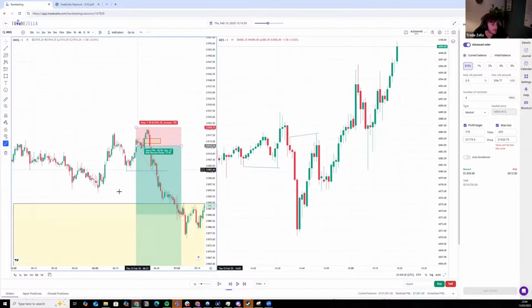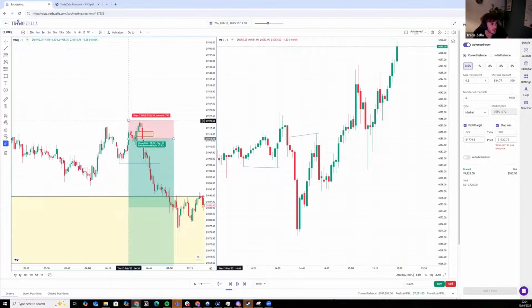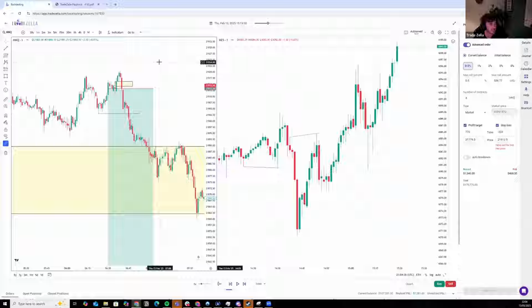Then look to go break even and hold a runner if you have a clear daily bias, as in you're confident on the 1 hour, 4 hour, daily that it's going to go in your direction. Then it's worth leaving a runner, going for a higher RR. If you don't have a clear daily bias and you're not certain that price is going to go down today, then just take the 1-to-1, take the first nearest liquidity that you can get, and that's your money for the day. Okay.